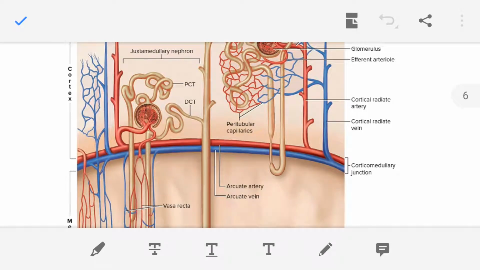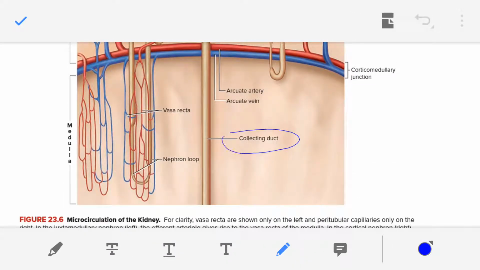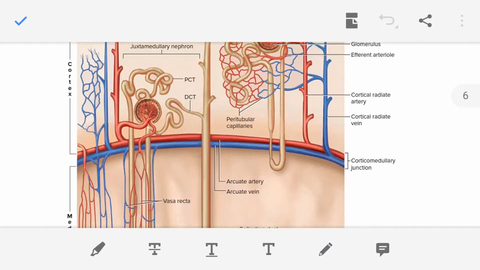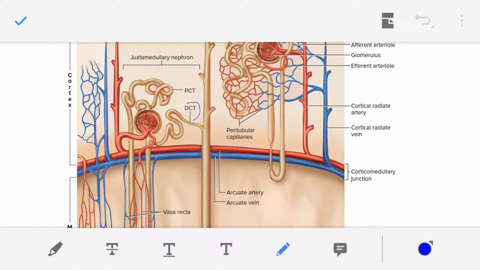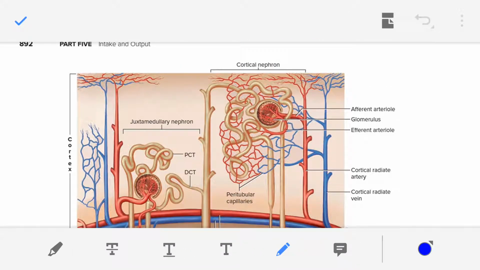For example, over here, this is the collecting duct, and you can see this DCT opening into the collecting duct, and this part is also the DCT of a cortical nephron, opening into the collecting duct.